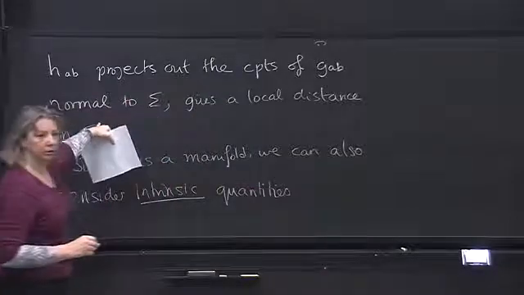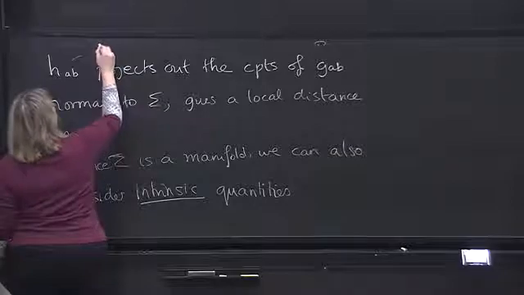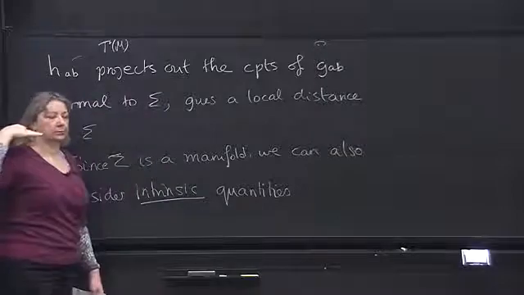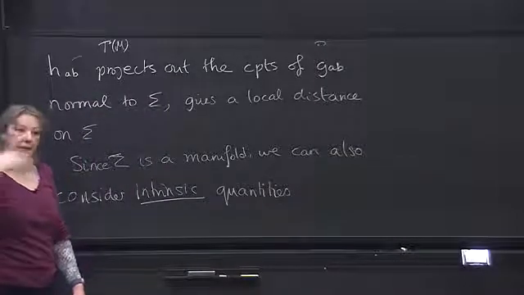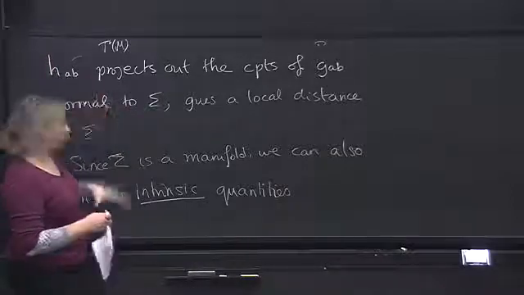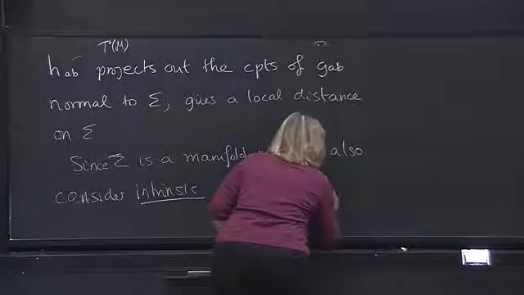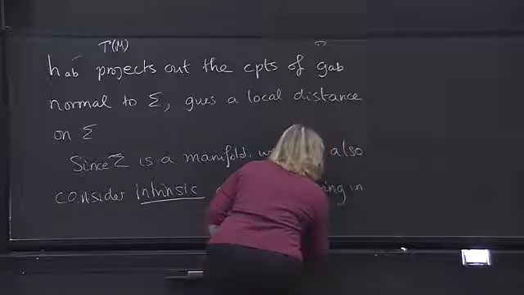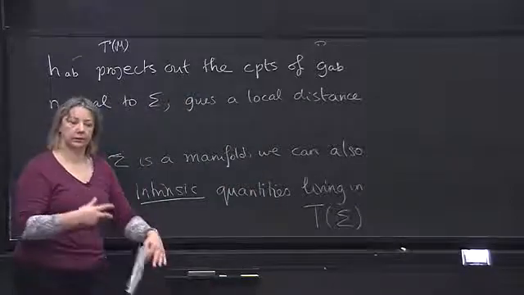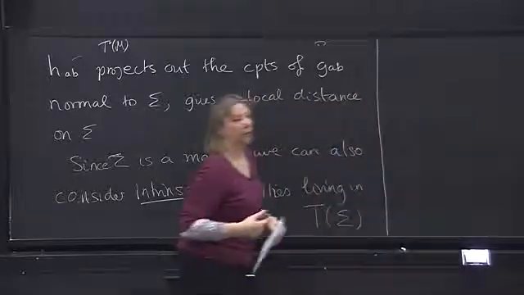So H, although it's projecting parallel to sigma, is associated with T star of M. It's parallel to sigma, but it's still living in the tangent spaces of the higher dimensional manifold. An intrinsic quantity will live in the tangent or cotangent bundles of sigma. So they're physically equivalent to all intents and purposes, but they are different.